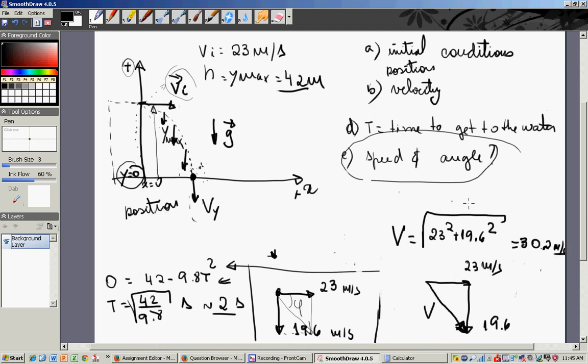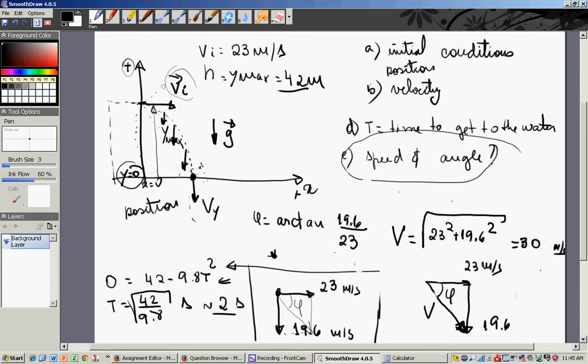You want to find the speed as it hits the ground. What is the magnitude of your velocity vector? V, and you remember your Pythagoras, is the square root of 23 squared plus 19.6 squared, and this is equal to about 30 meters per second.